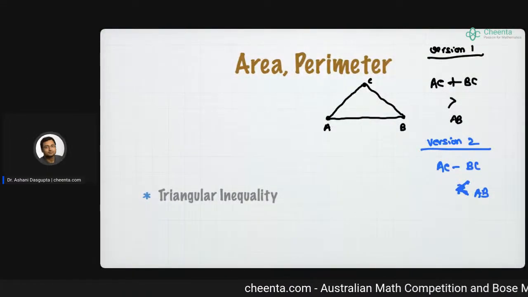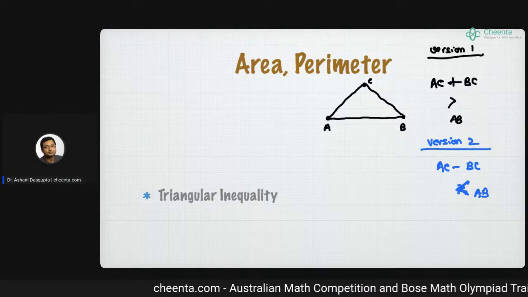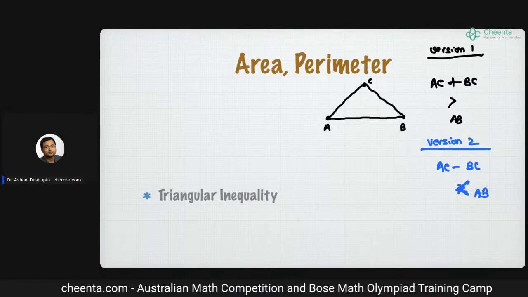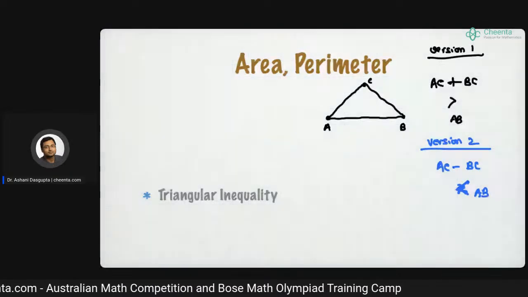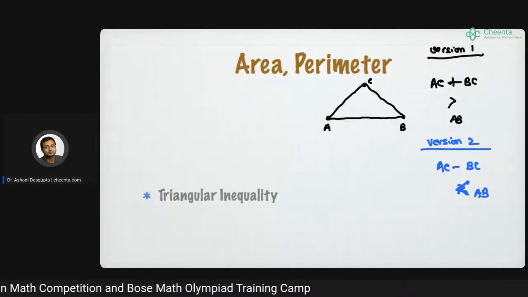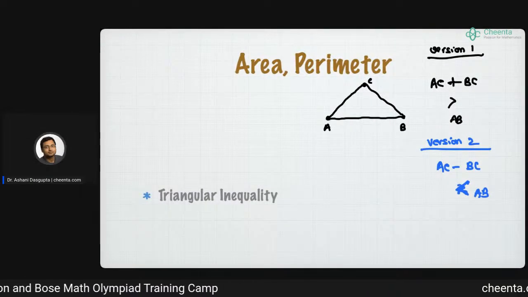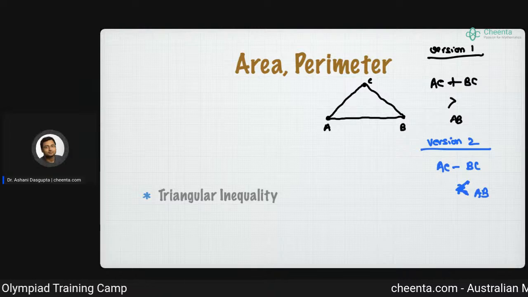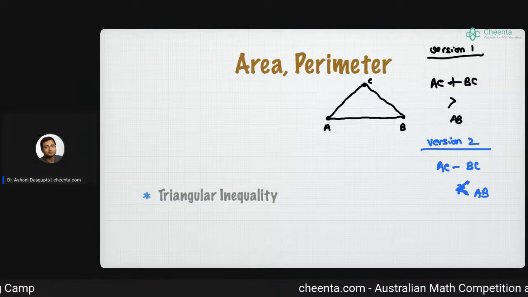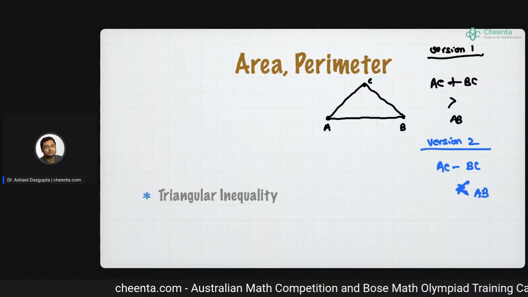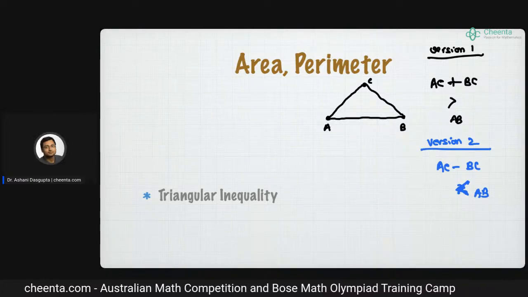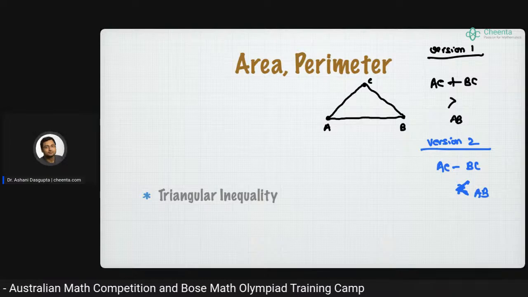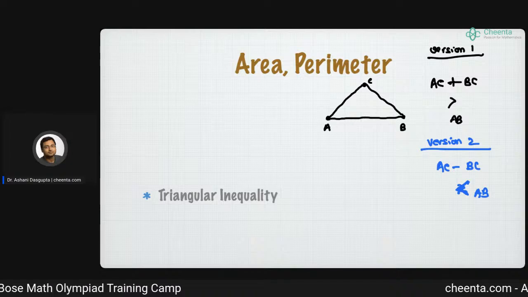Okay, Spandan has a raised hand. Go ahead, Spandan. You have an idea? So, sir, you told that we have to prove why the triangular inequality is true, right? Yeah. Why do you think it is true? So, sir, if I try to construct a triangle with the third side greater than the other two sides, then I will not be able to do it.